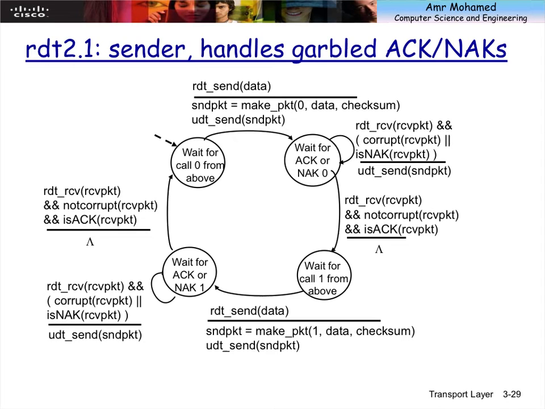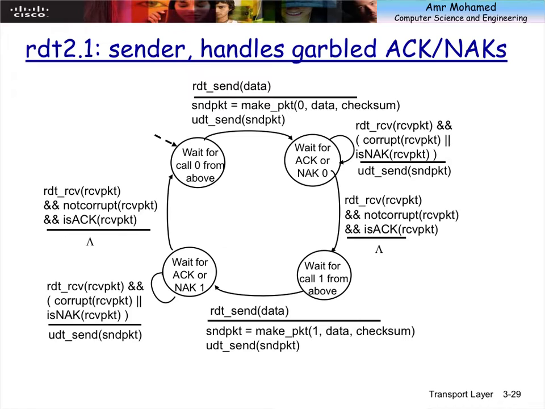Okay? So in other words, in the previous case, we assumed that the channel can corrupt the packet, but it cannot corrupt the acknowledgement. And that on its own is a strong assumption, because if the channel can corrupt the packet, the channel can also corrupt the acknowledgement.